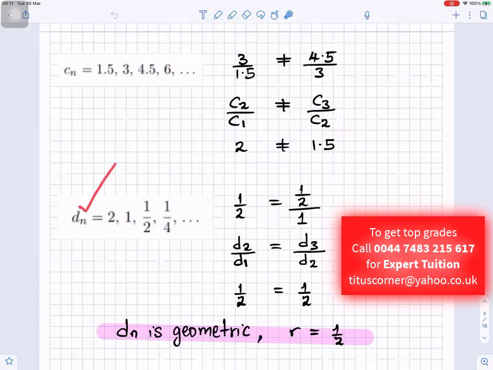And we go now to DN. 1 divided by 2 gives you a half, and a half divided by 1 gives you a half. So D2 over D1 is equal to D3 over D2, a half equals a half. So DN is geometric, and the common ratio is a half.